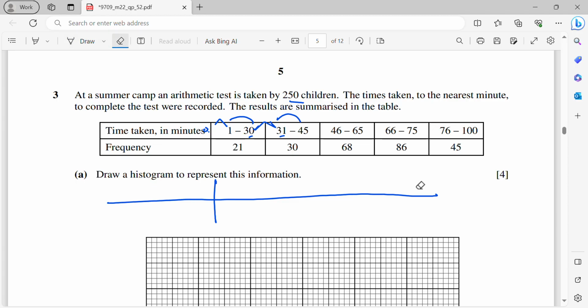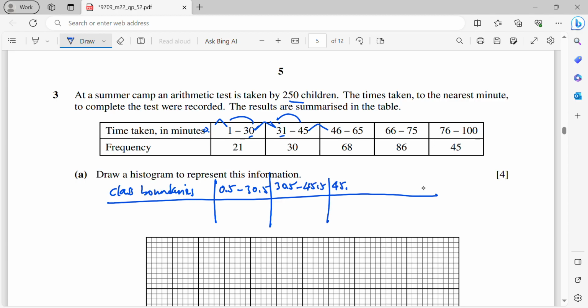Probably before that I should write down the class boundaries. It will be better, because later on when we draw the histogram, the horizontal axis is going to be the class boundaries. So here I will write 0.5 to 30.5. Then this is 30.5, and the average here is 45.5.